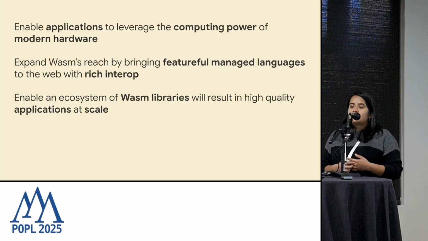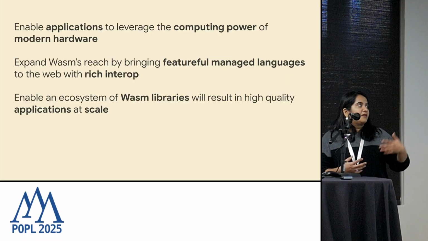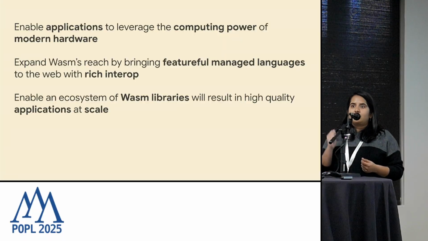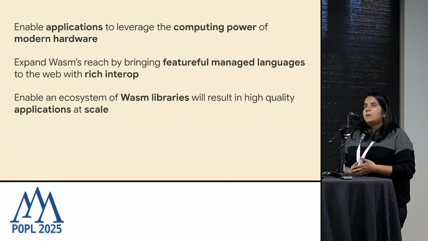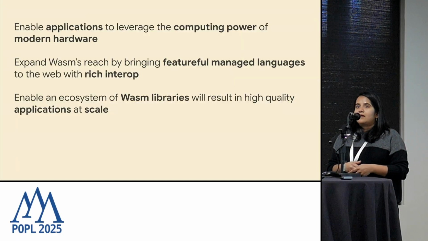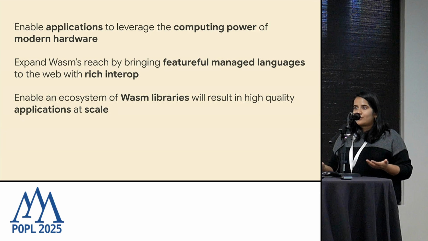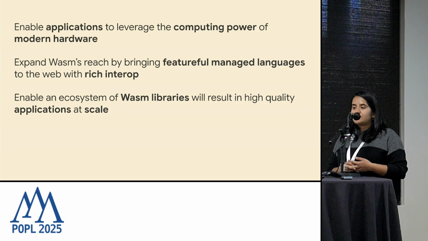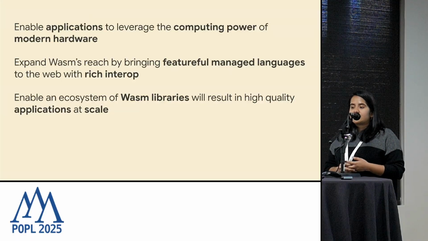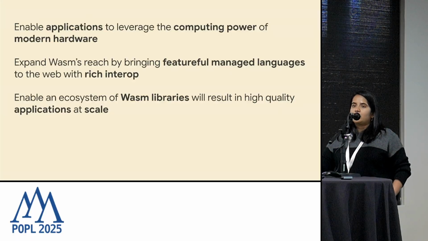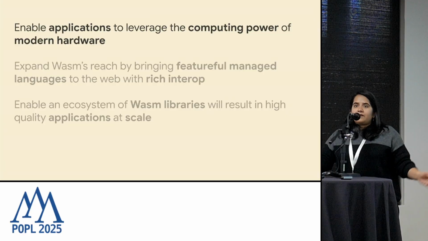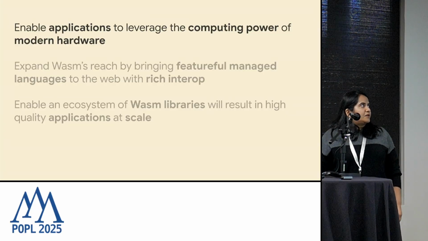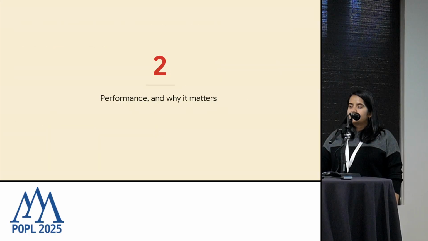We also want to expand WASM's reach by bringing featureful managed languages to the web, and critically with rich interop. The other thing we understand is that the success of a language or a bytecode format depends on the strength of its ecosystem. So we also want to enable an ecosystem of WASM libraries, which will result in high-quality applications at scale. A lot of what we're going to talk about is probably going to be in service to the first of these goals, which is focusing on compute power.